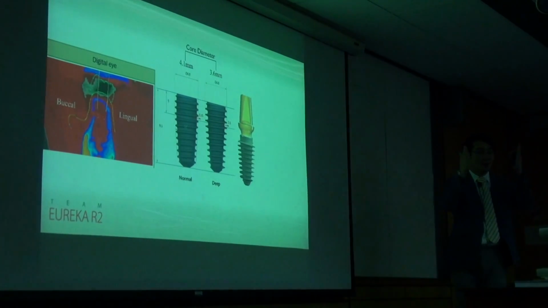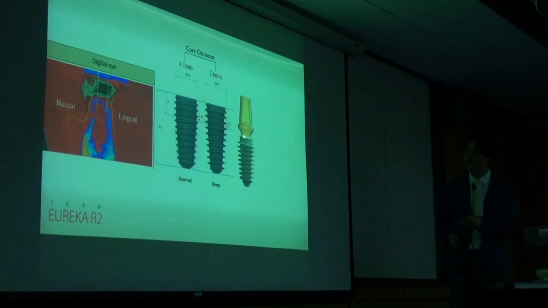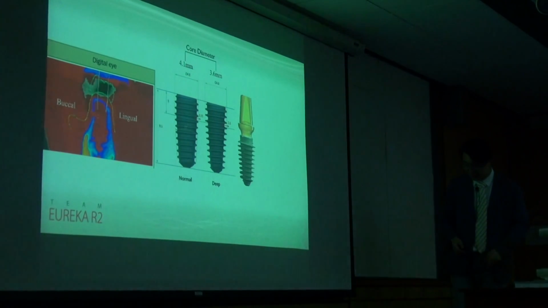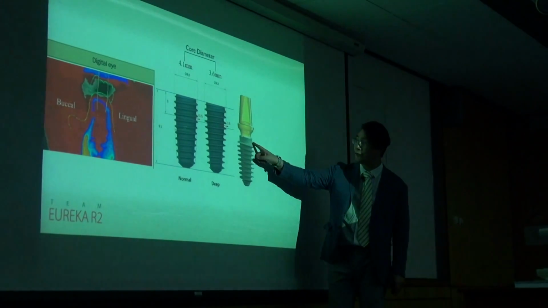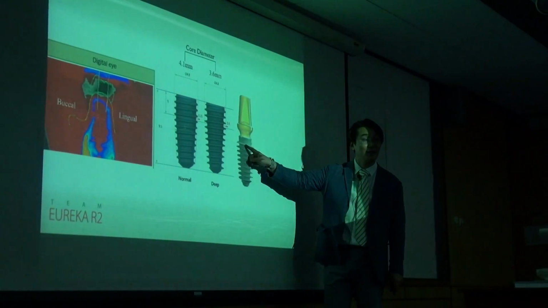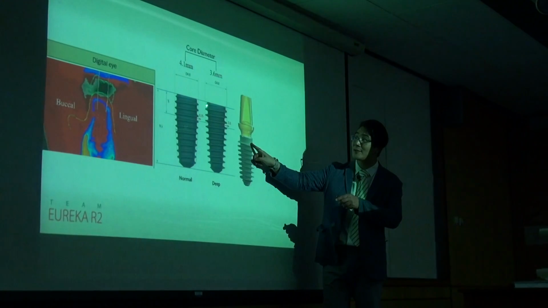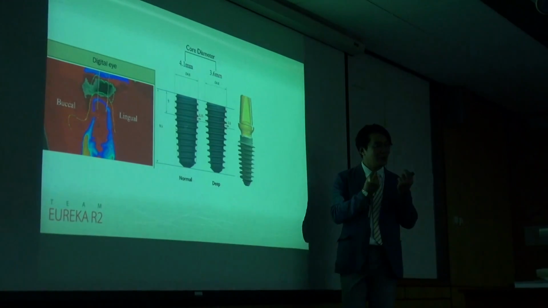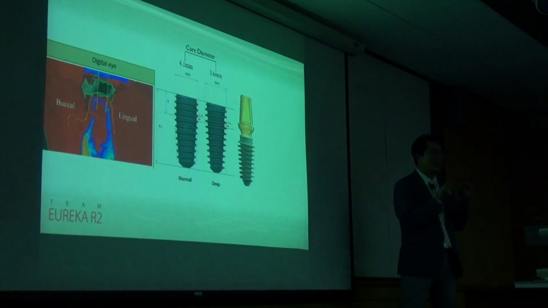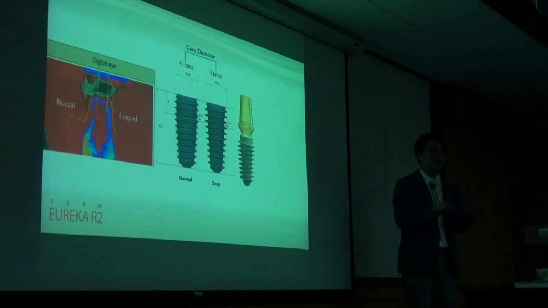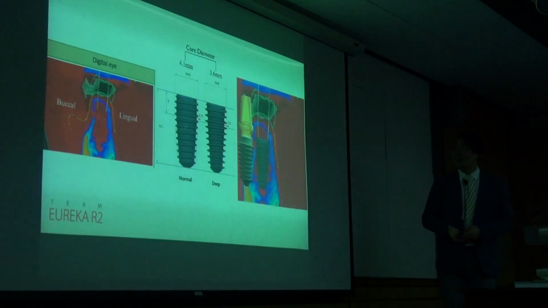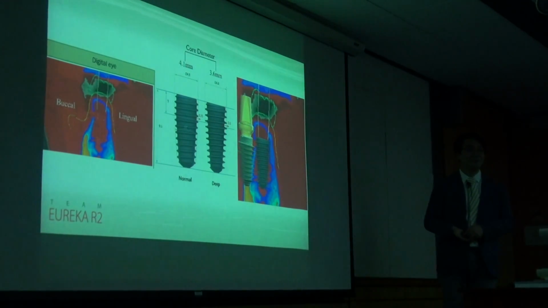One is the connection degrees: Any-Reach is the 5-degree connection, and Any1 is 11 degrees. The other is that Any-Reach has no first thread, but Any1 has the first thread. So it is a little bit different, and it is up to the site condition. So in this case, I use the Any1 deep thread.